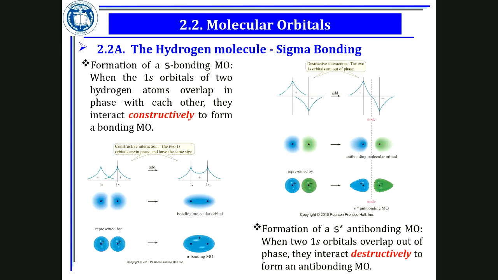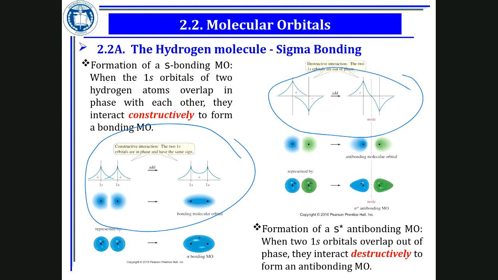When it's constructive, you're going to see this. They are enforcing each other. And when it's destructive, the overlap is going to cancel each other's effect. They are not enforcing each other.